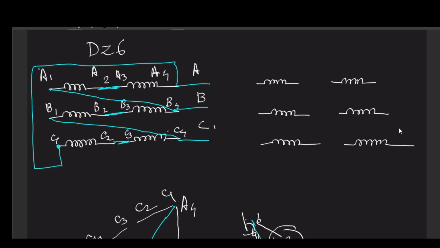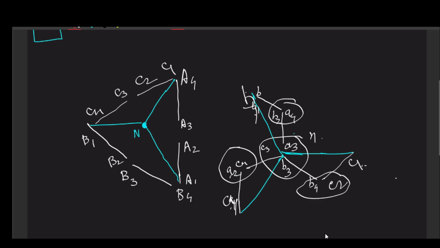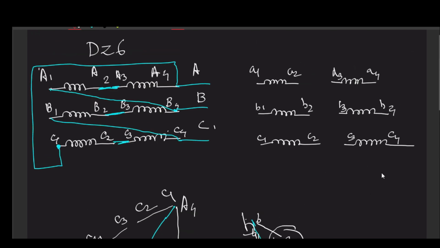Now let us first make these terminals A1, A2, A3, A4, B1, B2, B3, B4, C1, C2, C3, C4, and then let us connect. So A1, A2 should be connected with C4, C3. First of all these A3, B3, C3 must be shorted to form our neutral point.